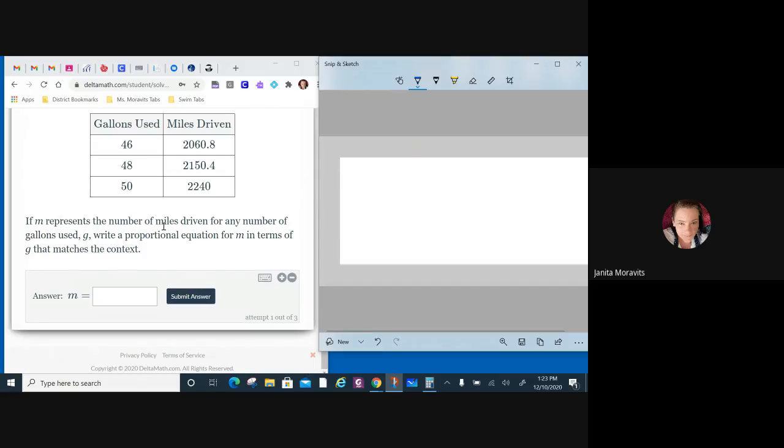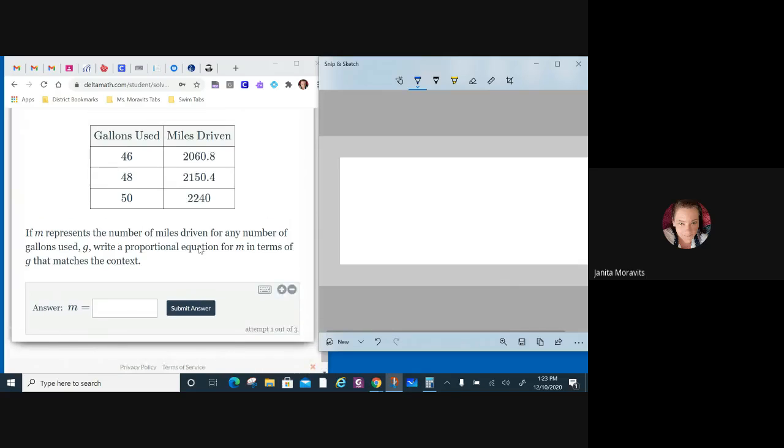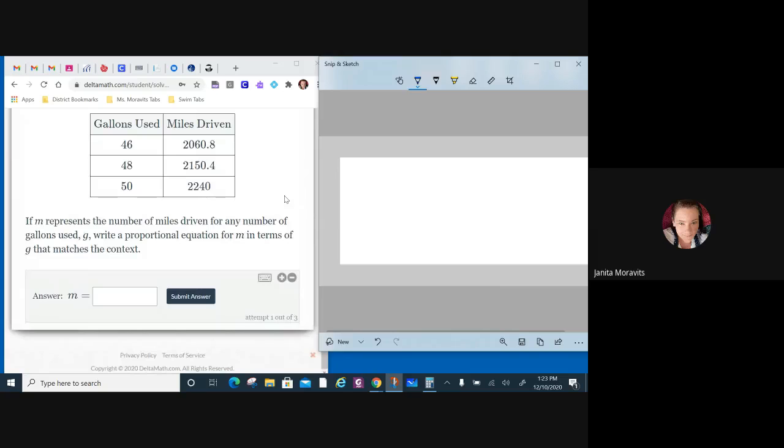If M represents the number of miles driven for any number of gallons used, write a proportional equation for M in terms of G. Well, all right, so M equals, we can use our K there. So let's use the 50 because let's use 2,240 equals K times 50.